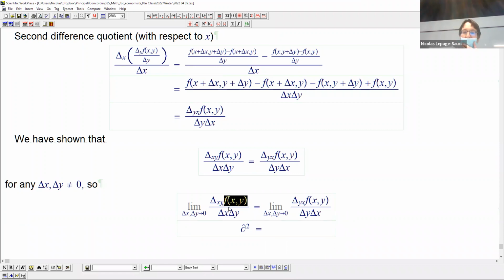Maybe a better notation could have been delta x, delta y. I don't know what you think. Since I didn't take this from anywhere, maybe that would be a better notation. I'll think about it for next time. Anyway, this is the exact definition of what the derivative is.